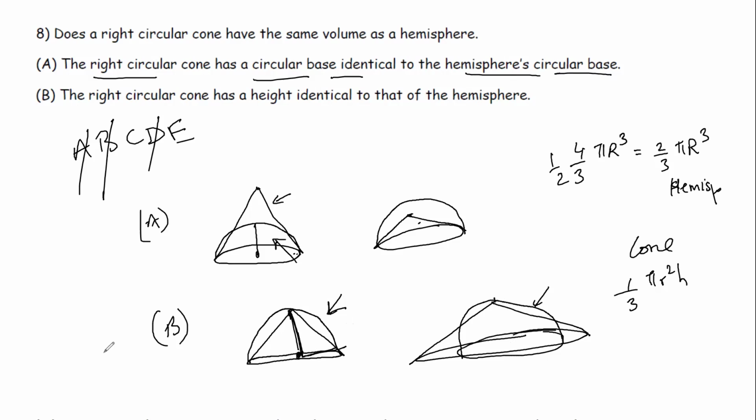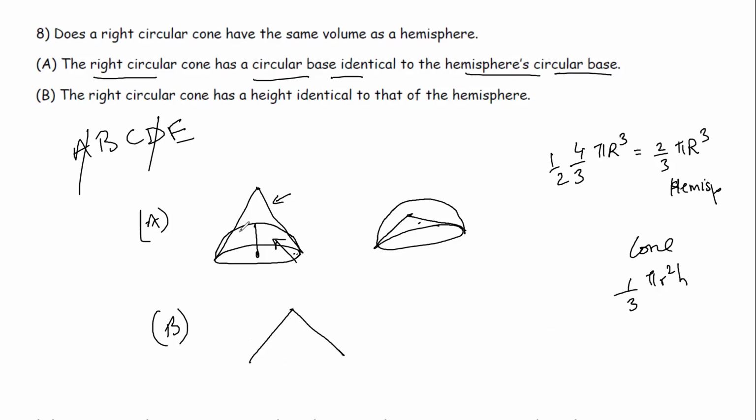Okay. Now, taking both statements together, we get only this particular case. That is, the bases are the same. Let me redraw it for you. And the height is the same.